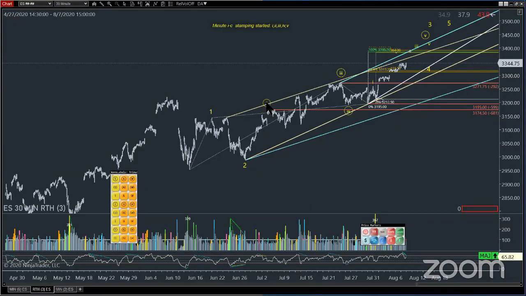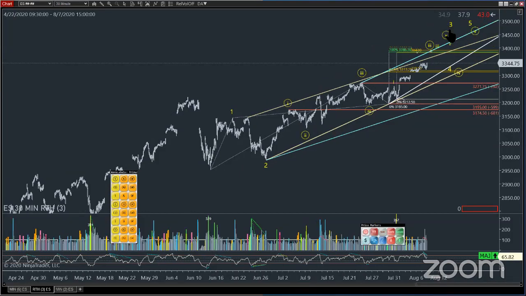So we'll just give it a 1, 2, and we're in wave 3. So that's 1, 2, 3, 4, 5 of 3.